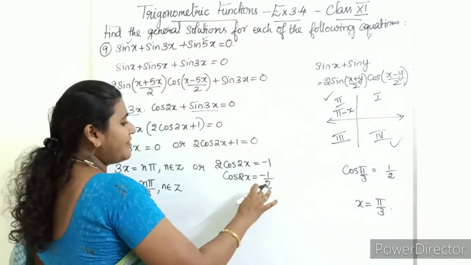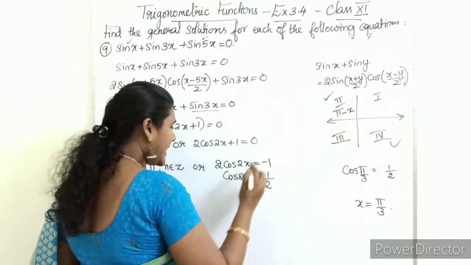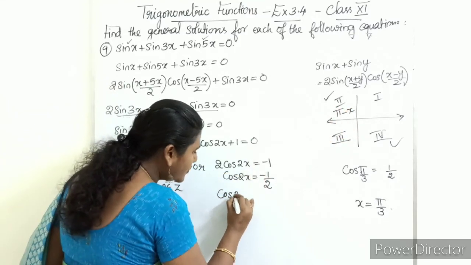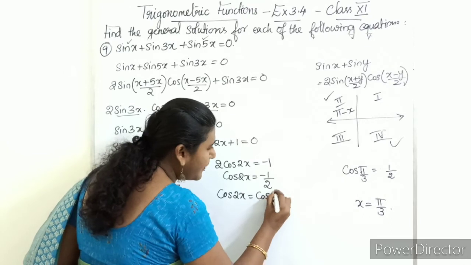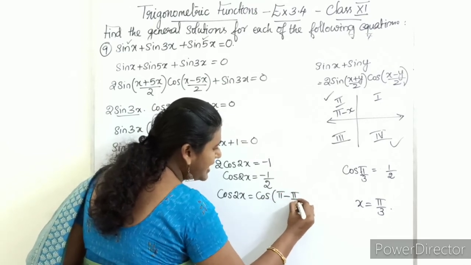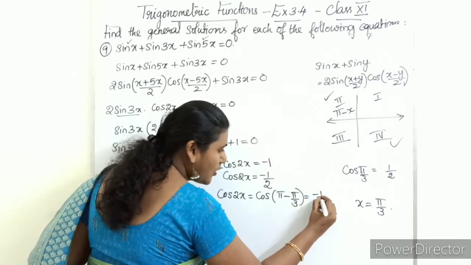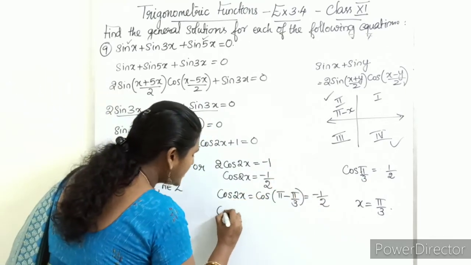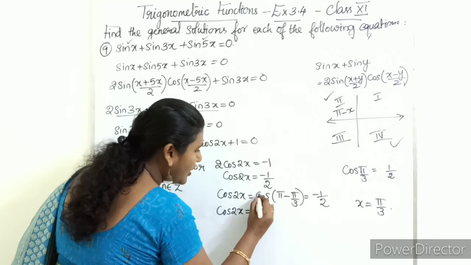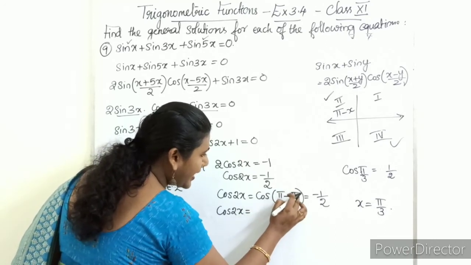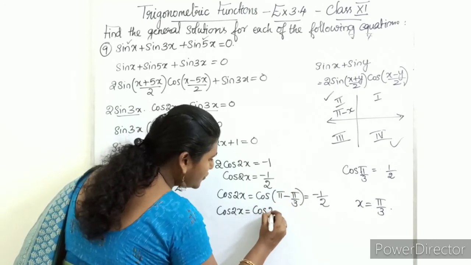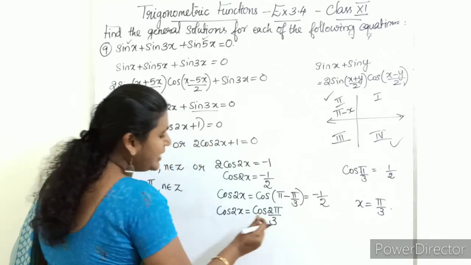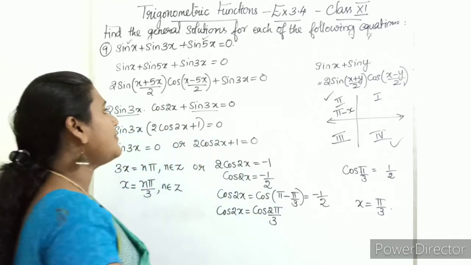Okay, now we will find the angle in the second quadrant. So cos 2x is equal to cos of (pi minus pi by 3). This answer is also minus 1 by 2. Now we will simplify this. What will you get? Cos of (3 pi minus pi) by 3, that is cos 2 pi by 3. Now we will use the theorem. What is the theorem?